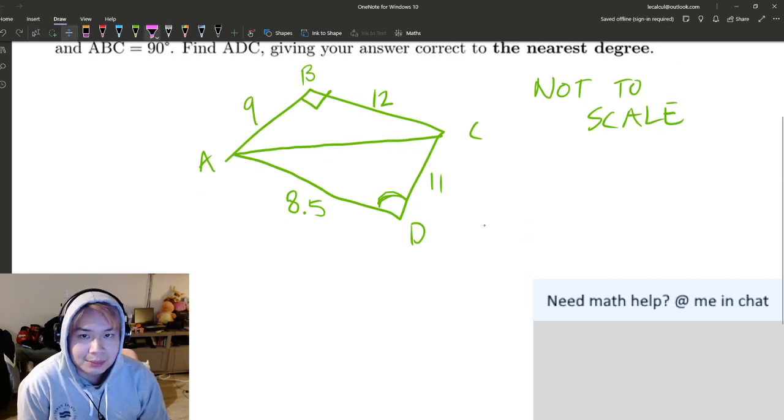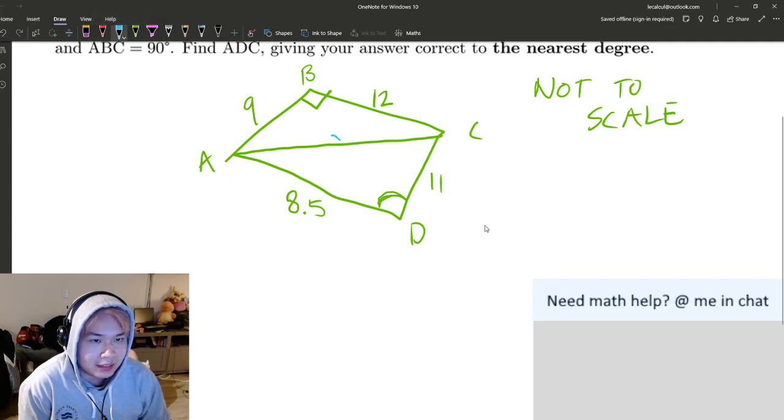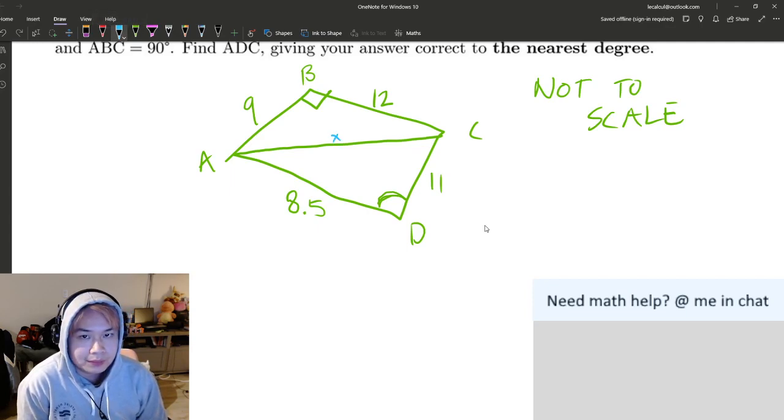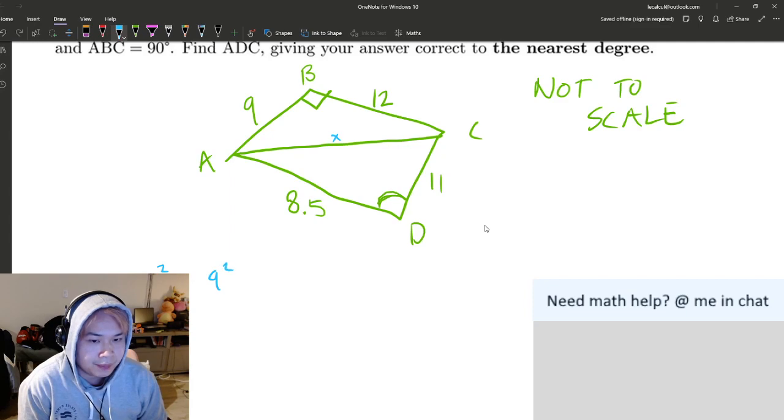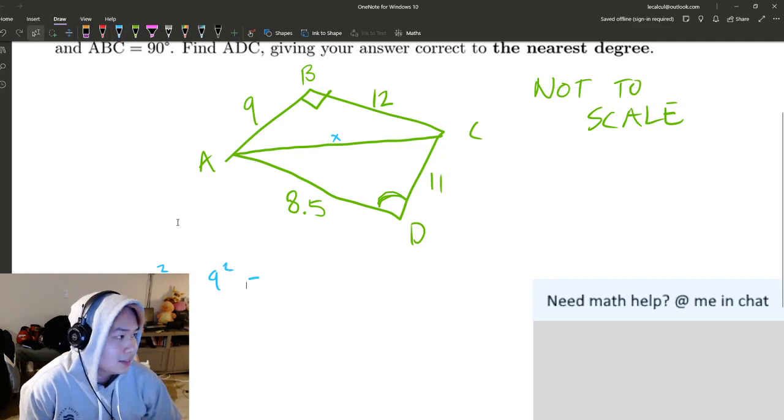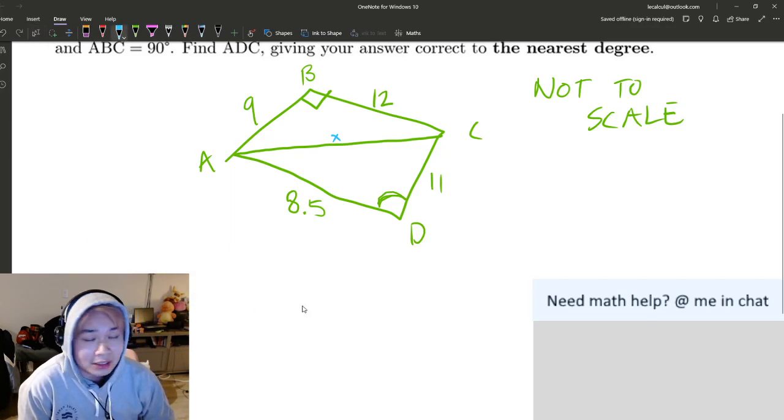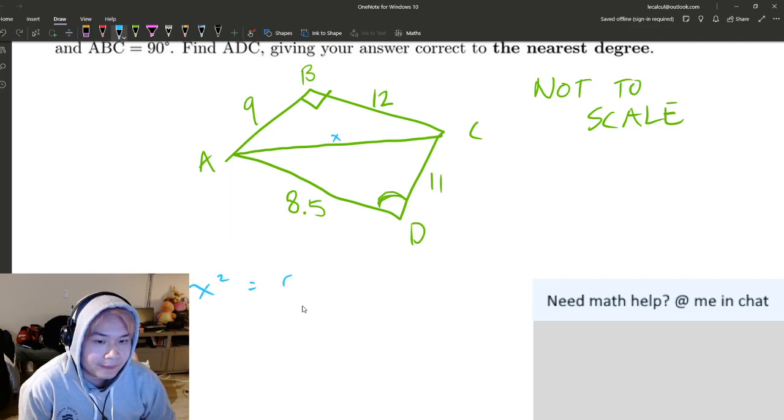Easy peasy, cosine law. I'm going to call this x, for example. According to cosine law, x squared is going to be 9 squared. Actually, I don't even need cosine law. This is 90 degrees. What am I talking about? Let's just use Pythagoras. See, this is what I mean. I'm a little tired today. So x squared is 9 squared plus 12 squared.